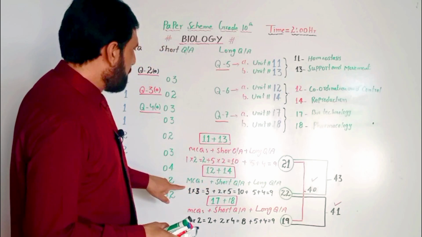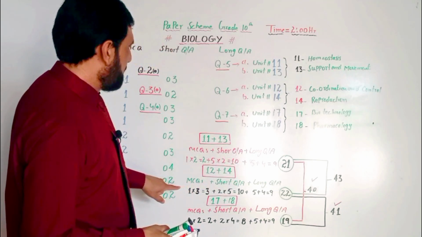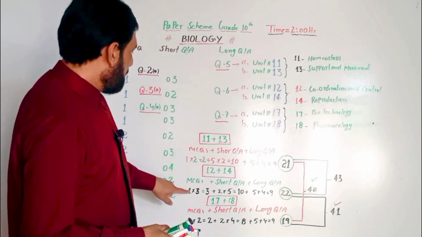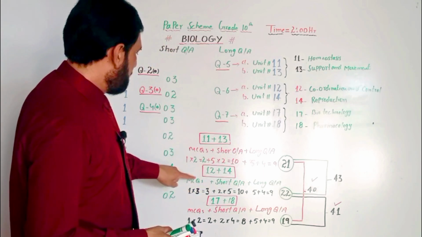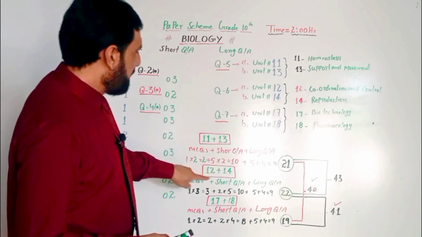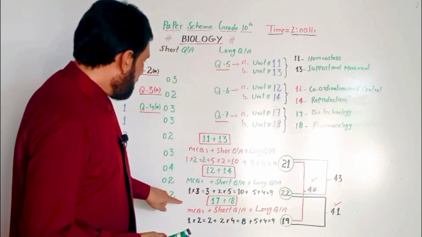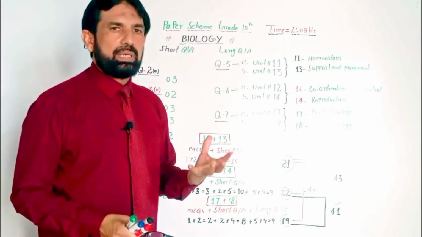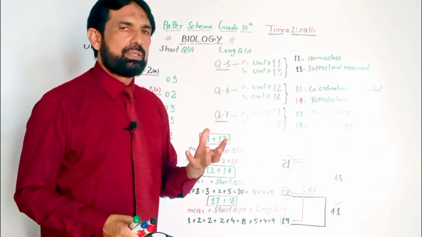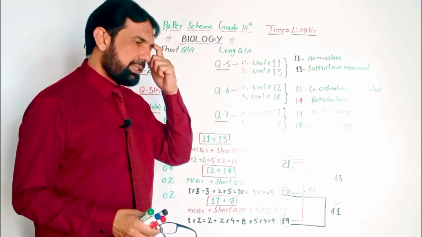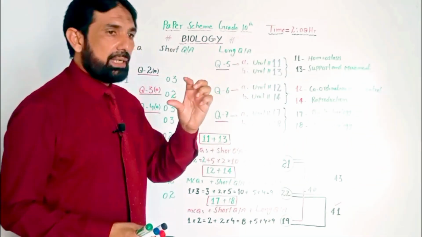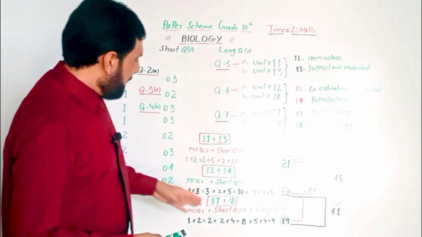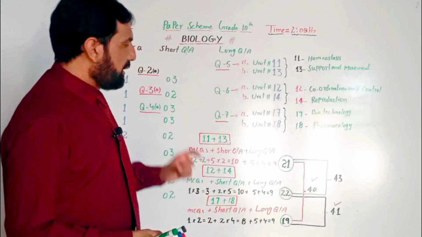And if you select question number 6, 12 and 14, it will give you 22 marks. And if you select the last question, 17 and 18, which I advise that you should select, because this is easy and short, and its learnings are very simple, it will give you 19 marks.